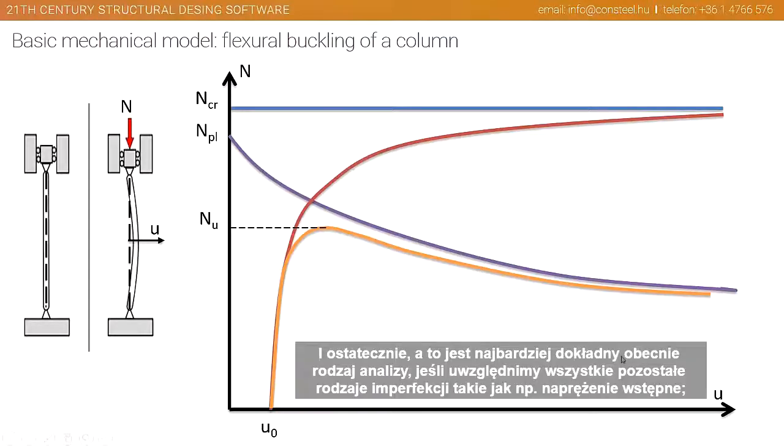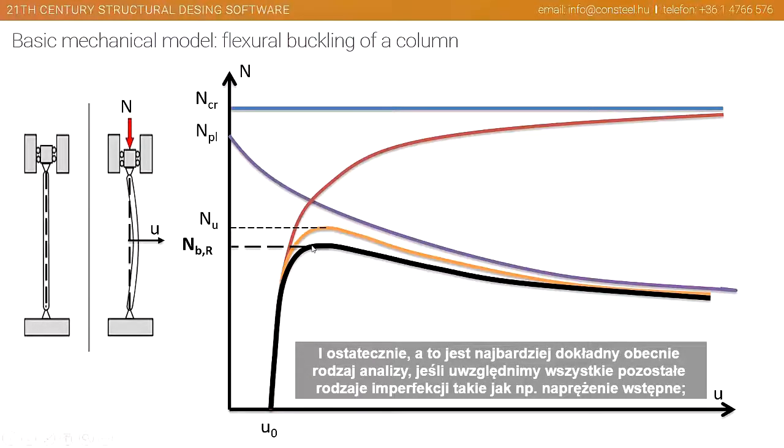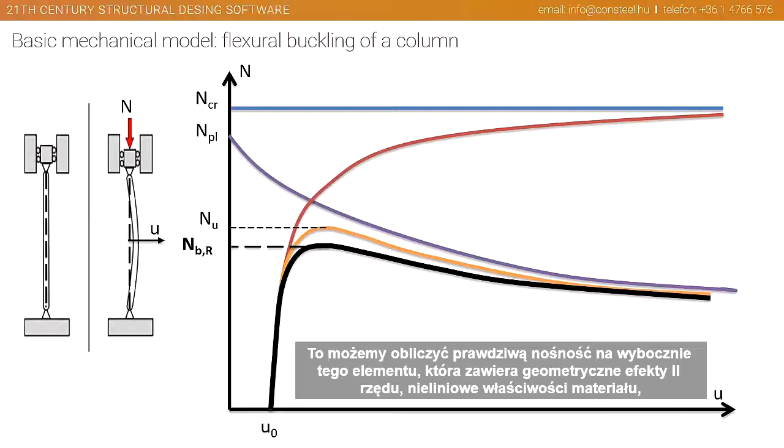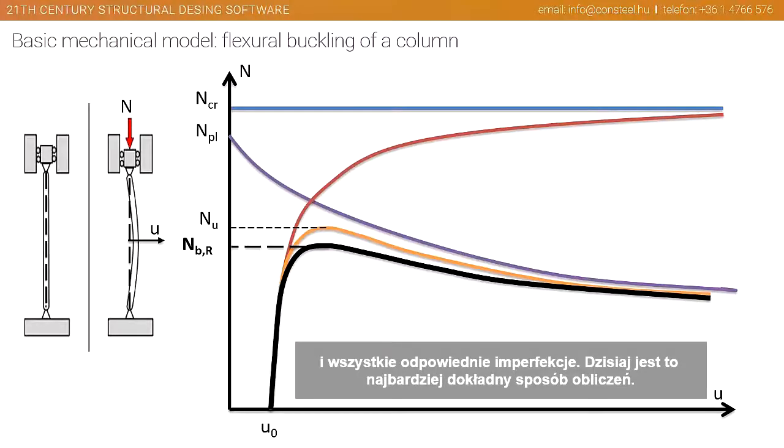And finally, this is quite accurate calculation type now. And finally, if we consider all the other imperfections, one of the most important of which is the residual stress, then we can calculate the real buckling resistance of that member, which contains geometrically second order behavior, nonlinear material behavior, and all the relevant imperfection.